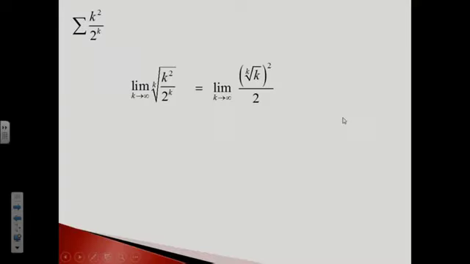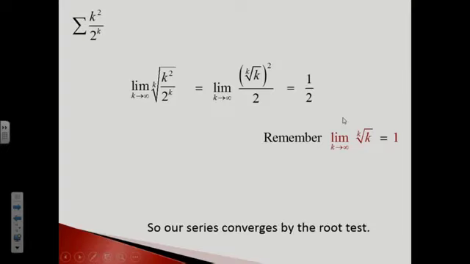Remember that the limit of the kth root of k as k tends to infinity equals 1. So the limit is 1/2. Since L is less than 1, the root test tells us that the given series converges.